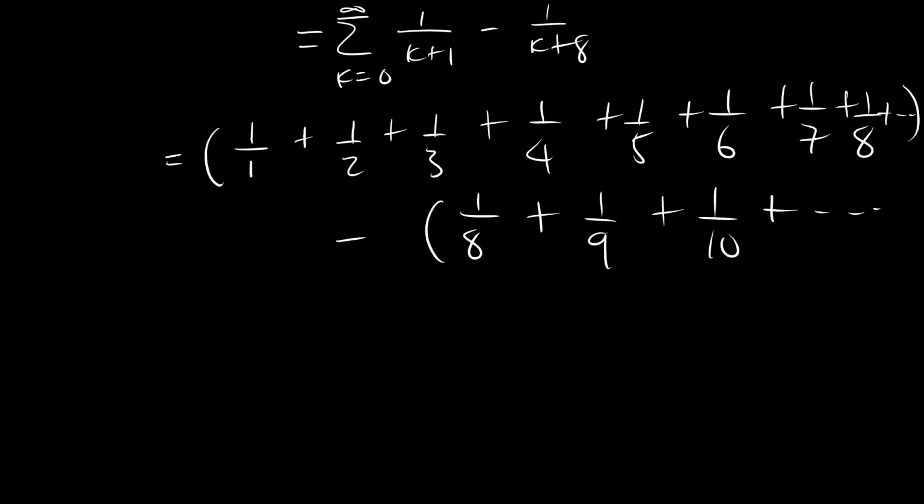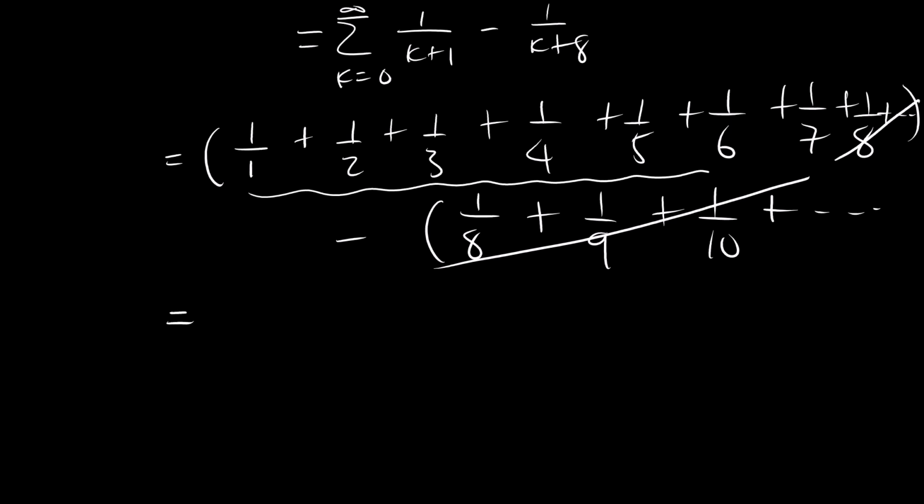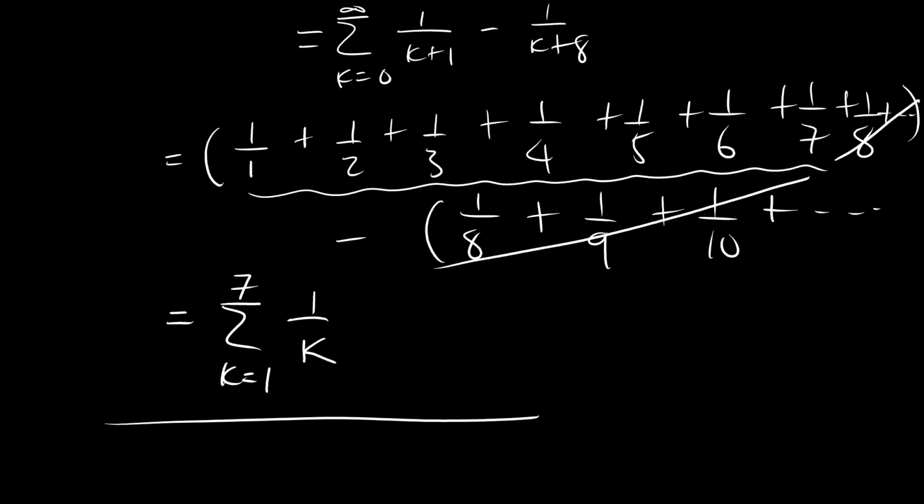So we see that this part here cancels with this part, and so we are left with the summation from k equals 1 to 7 of 1 over k, and that is our answer.